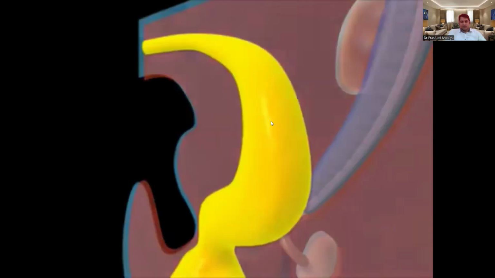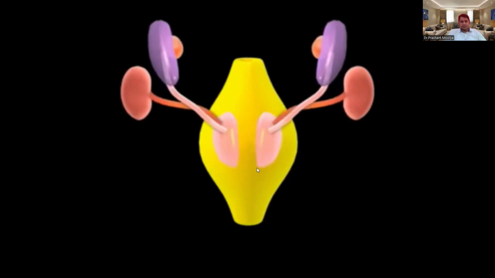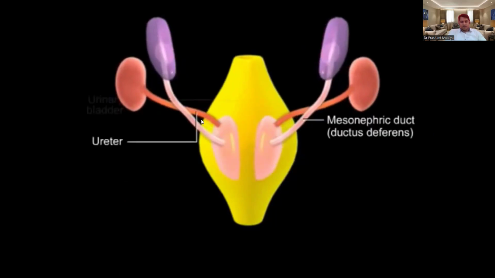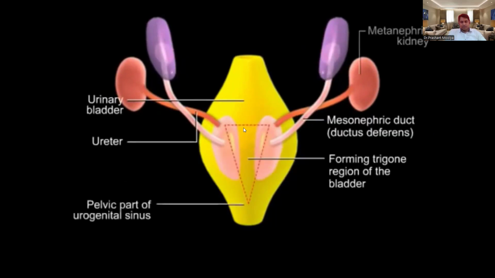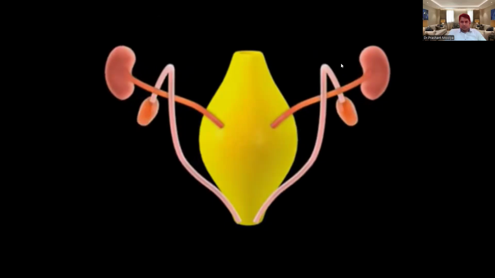So we'll see what happens posteriorly. Inside, the separation of this duct system happens as the differentiation is happening, and this absorbed part will contribute to the trigone of the bladder, while this hanging part is forming the ejaculatory duct.